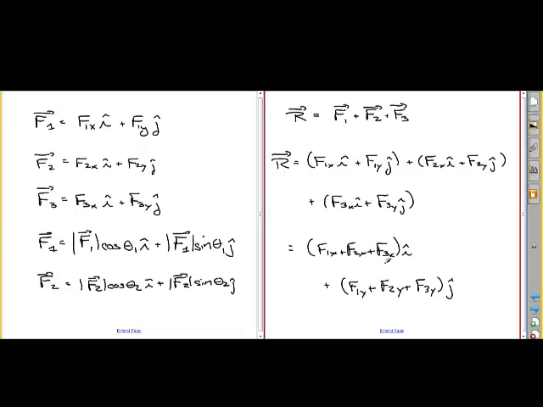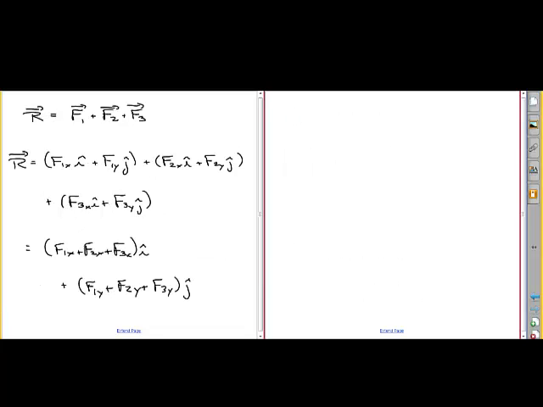And that's what we're doing when we break it up into the components and add the components together. That gives us the components of the resultant vector. If you take statics or dynamics, you'll deal with a lot of this because they deal with three-dimensional situations.